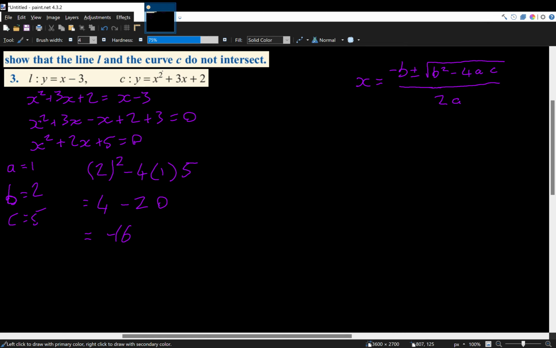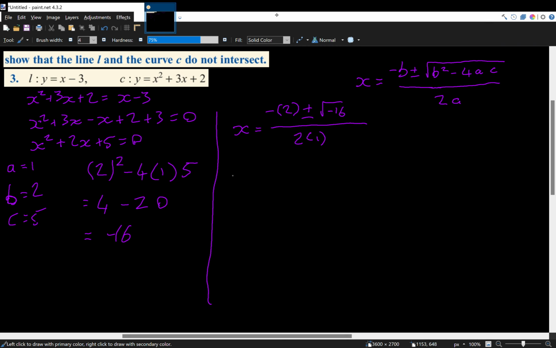Now alternatively, if you wanted, you could work out the entire formula and get the two roots for the equation. So if you were to do that, you'd end up with x is equal to minus 2 plus or minus, now we already worked out the bit under the square root, it's going to be root minus 16, and that's all going to be over 2a, so that's 2 times 1.